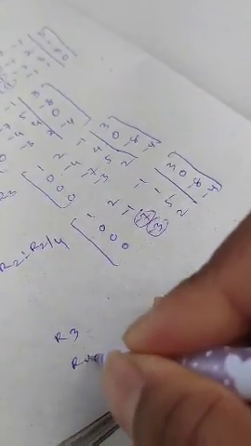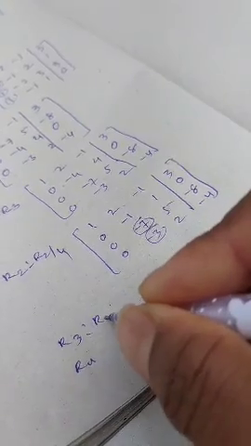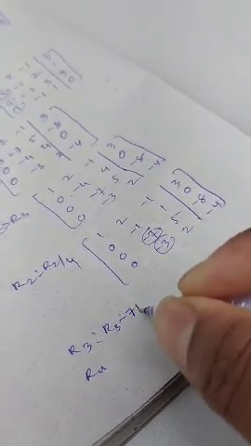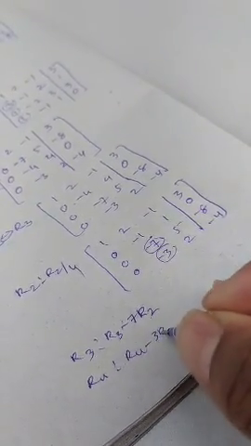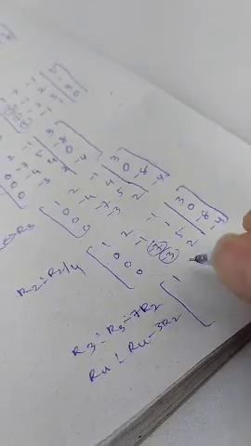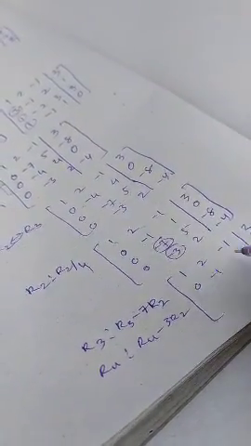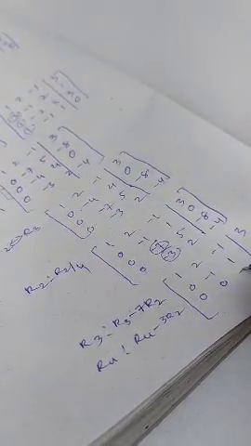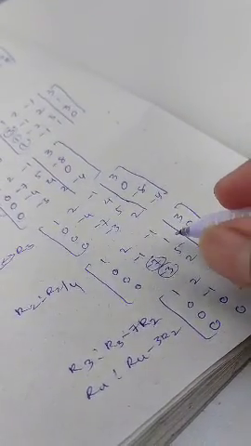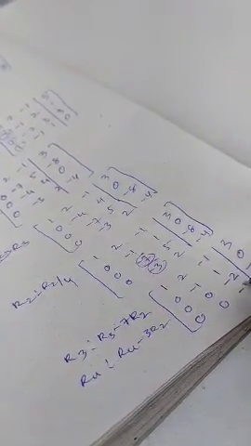So for R3, I am multiplying R2 by 7 and subtracting from R3, and for R4, 3 times R2. So the first row is as it is, 1, 2, minus 1, 3. Second row 0, minus 1, 1, 0. Third row 0, 0, minus 2, minus 8. Fourth row 0, 0, minus 1, minus 4.